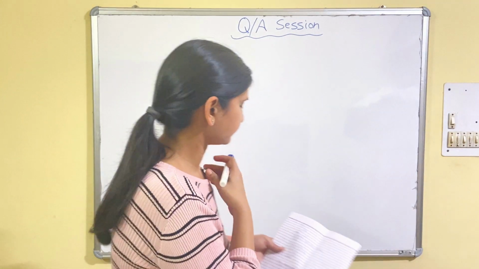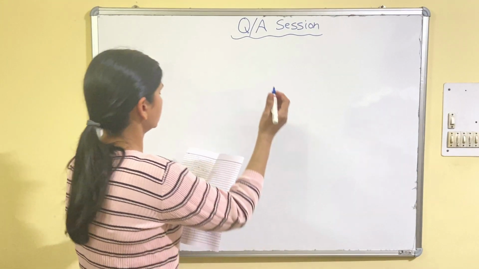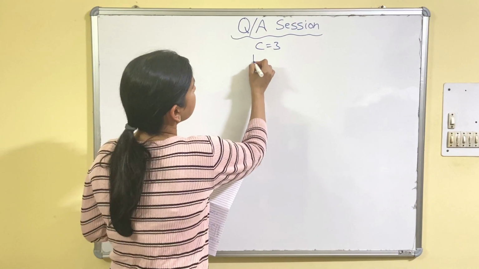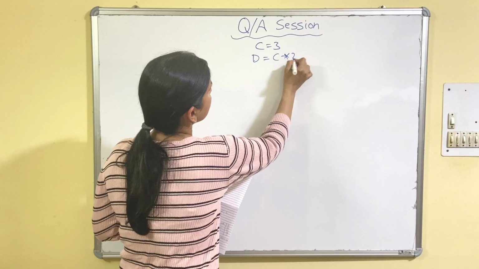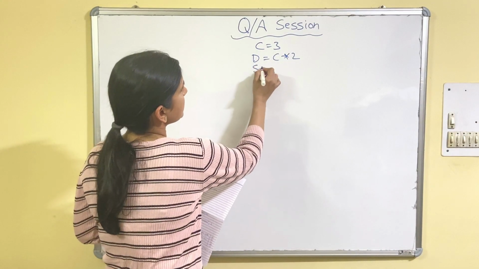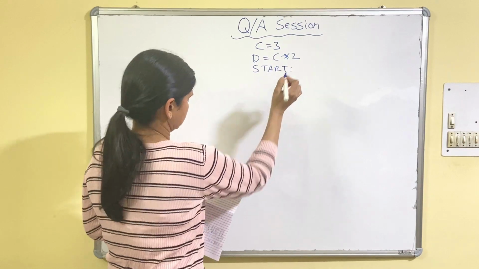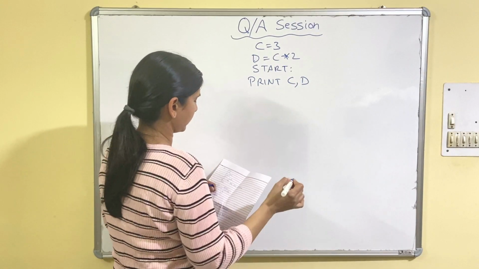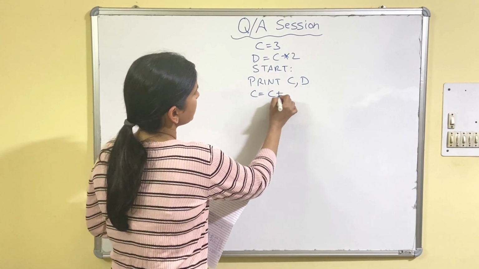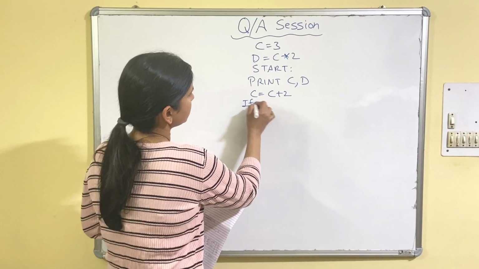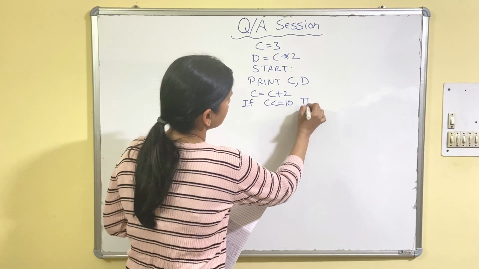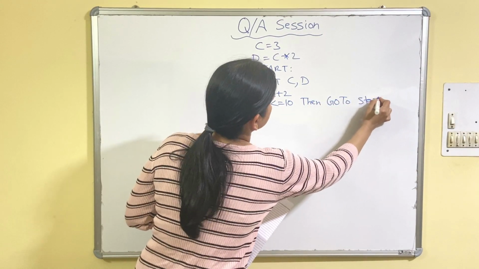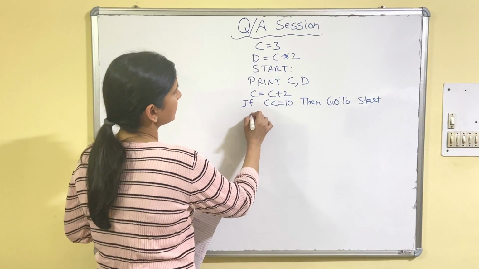So first is, so this is the program: C equals to 3, D equals to C into 2, start, print C comma D, C equals to C plus 2, if C less than equals to 10, then go to start, and then end.